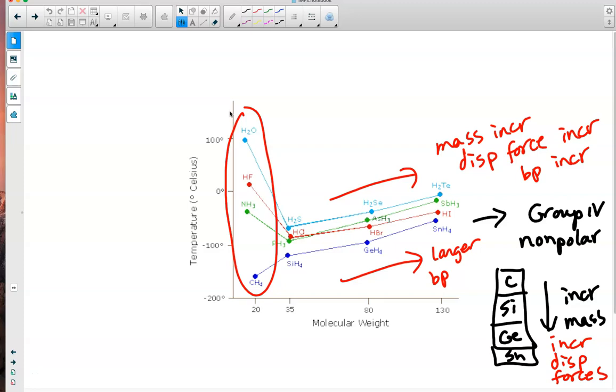And then this last member of each of those groups, so oxygen, fluorine, nitrogen compared to carbon, those are getting more and more electronegative. So you would expect that HF should have the highest boiling point because that's the most polar of the three. But what's going on here is hydrogen bonding.